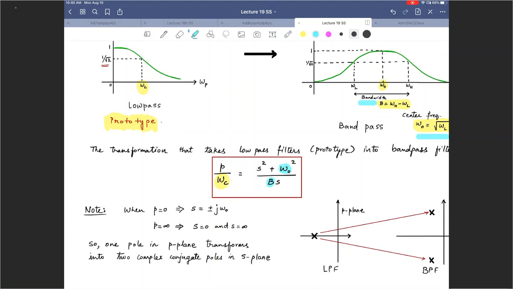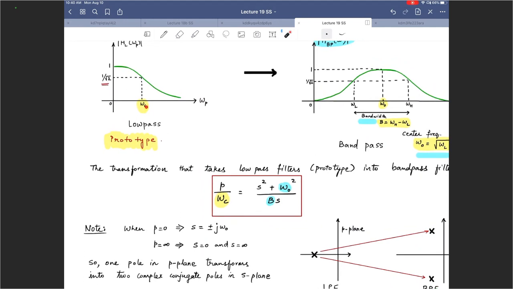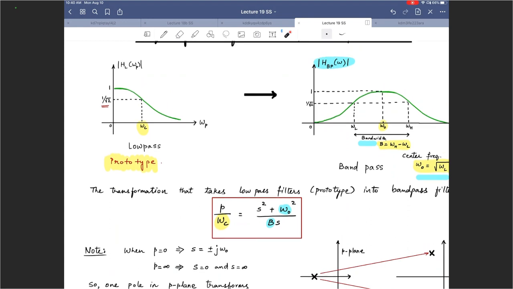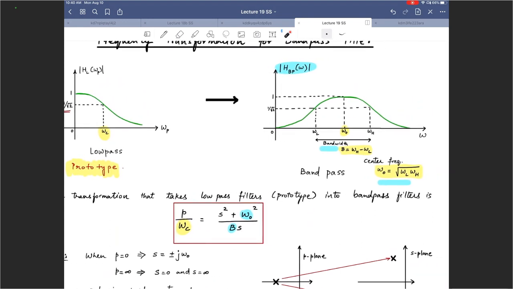What is omega sub C? Omega sub C is the cutoff frequency of the already designed low pass filter. So we already have the low pass filter designed for omega sub C. So that's your cutoff frequency of the low pass filter. What is S? Think of S as the complex frequency variable for the bandpass filter.